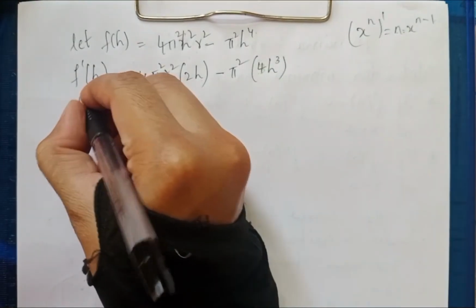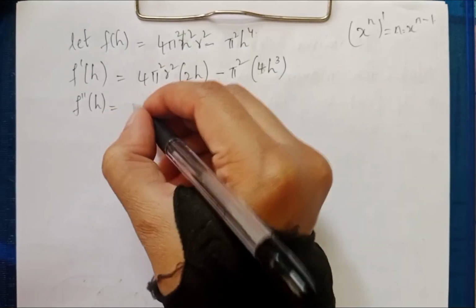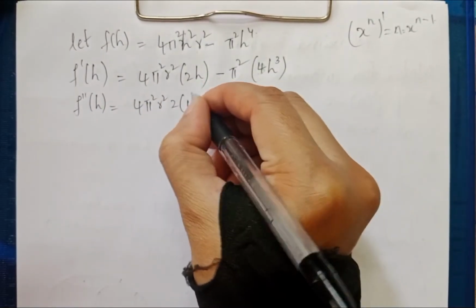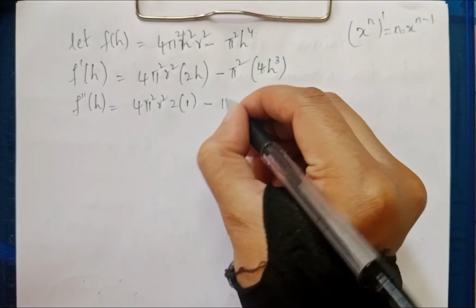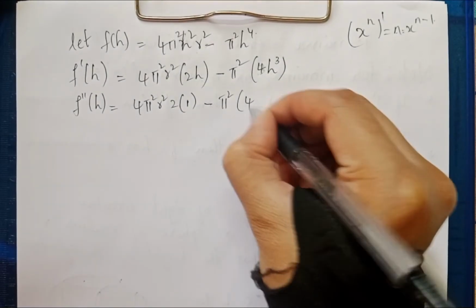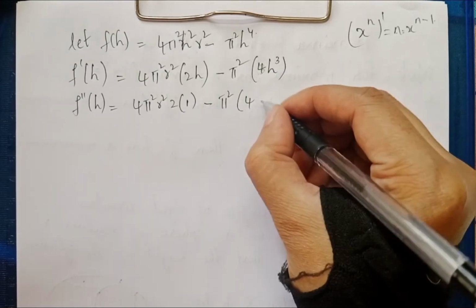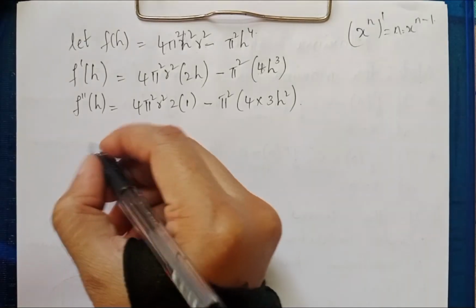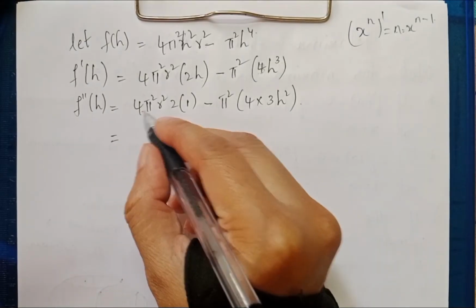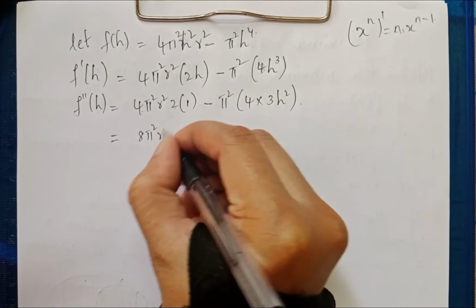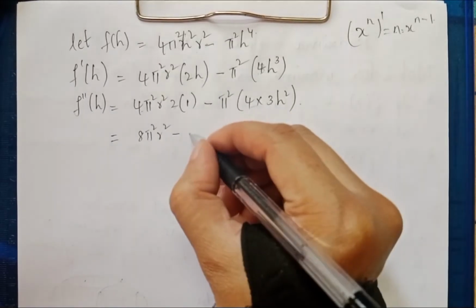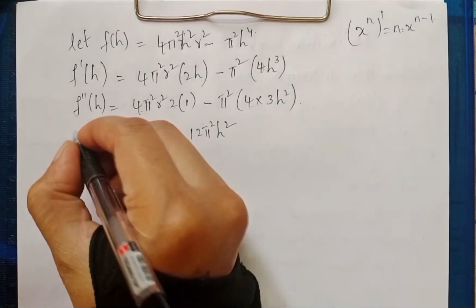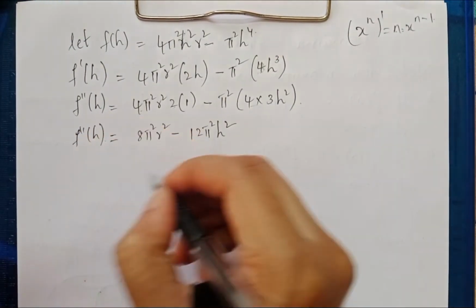Now differentiate again. f double dash of h is 4 pi square r square into 2, minus pi square into 4 into 3 h square. So 4 twos are 8, 8 pi square r square minus 4 threes are 12, 12 pi square h square, which is f double dash of h.